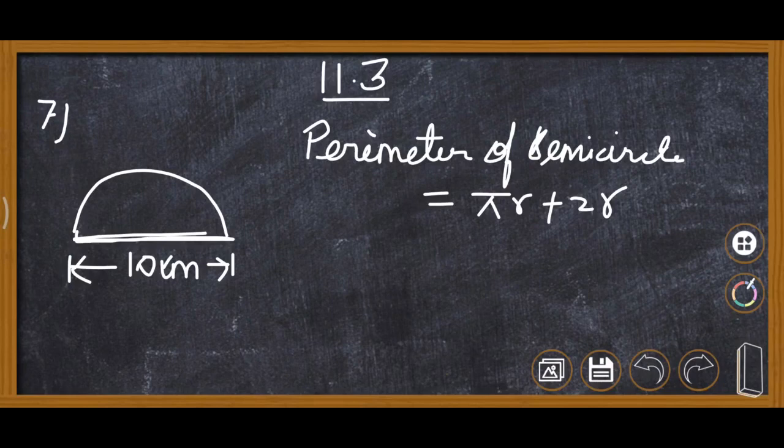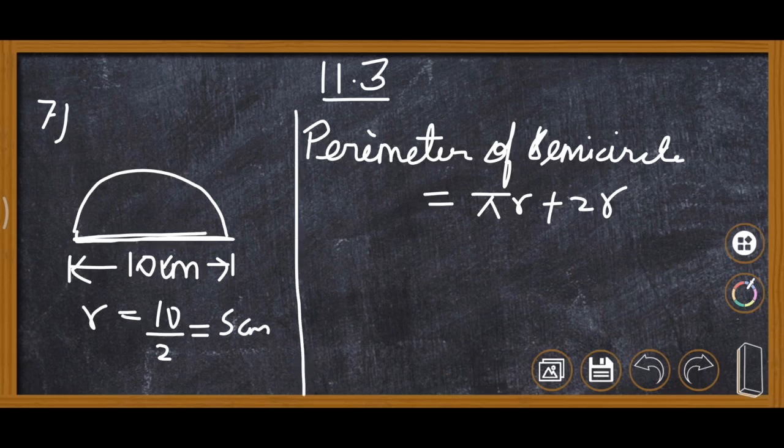Here you can see this 10 centimeter is the diameter. So first of all, radius is the half of the diameter. So radius will be 5 centimeter here. And one more thing you can see here, pi value we will apply 22 upon 7, because the value of pi is not given in this question. R is 5 and 2 fives are again 10.